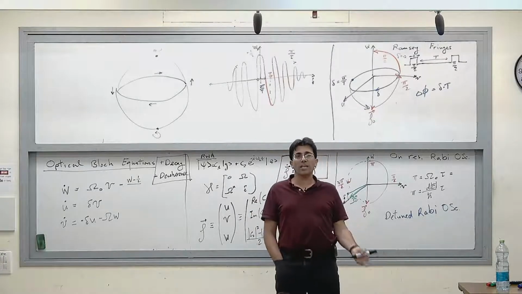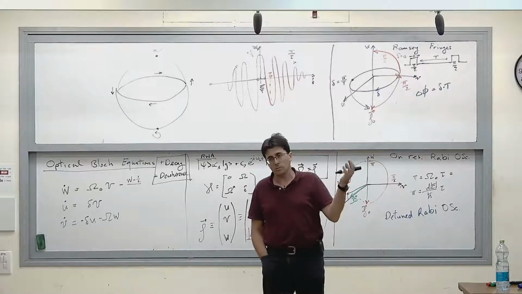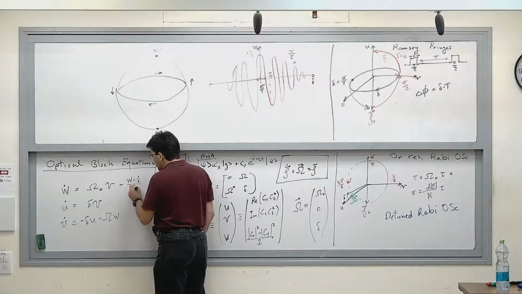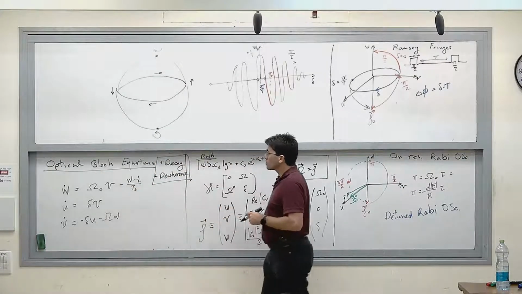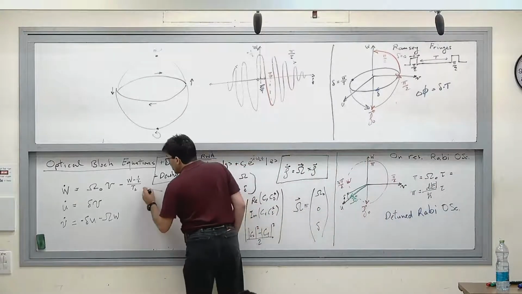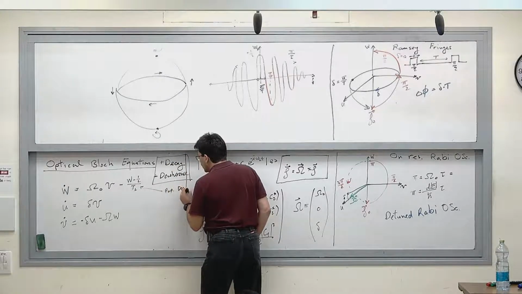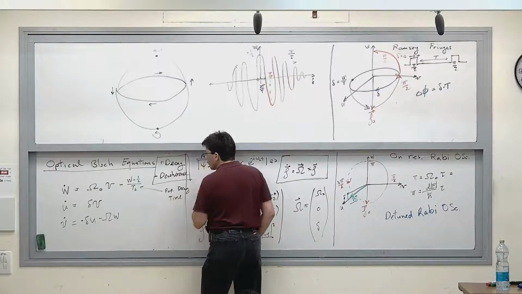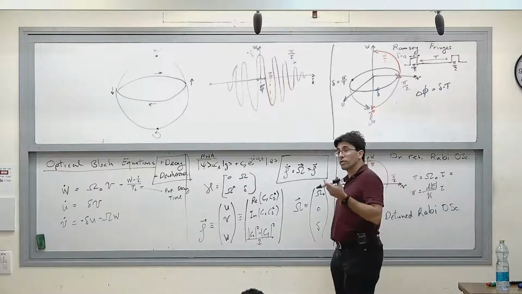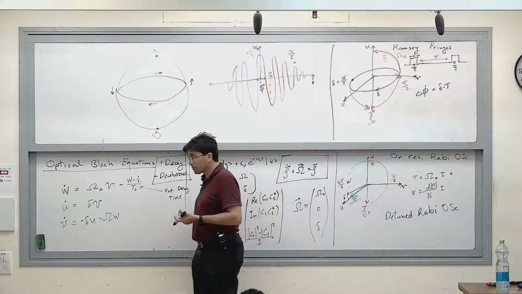If you have population in the excited state, eventually it decays by some mechanism and ends up in the ground state. So T1 is the population decay time. It's basically related to the lifetime of the excited state of the atomic ensemble. Why is it there? I don't know. But it is.